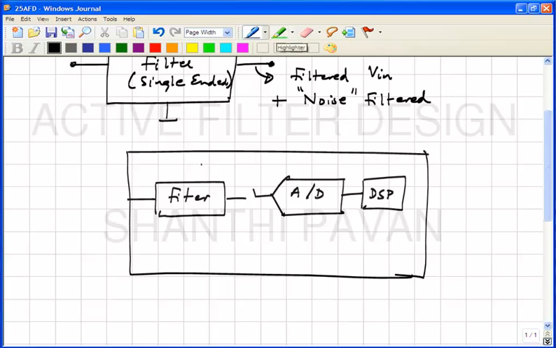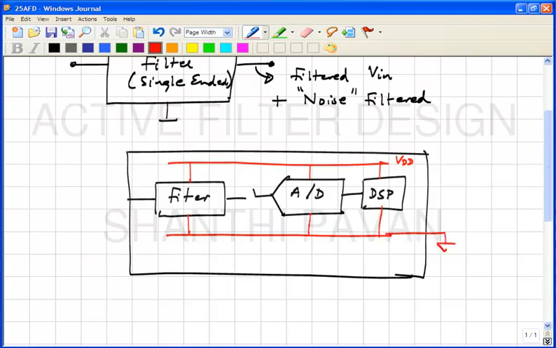So one way of doing this is to run common supply rails to the filter, to the whole chip, and the same ground rail for everything, and then this goes to the battery.